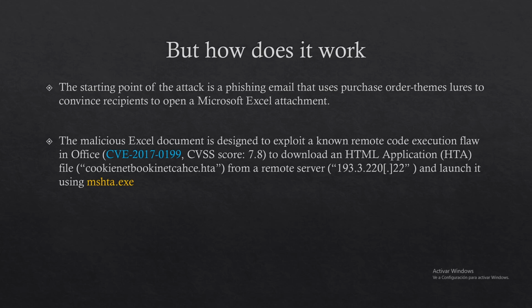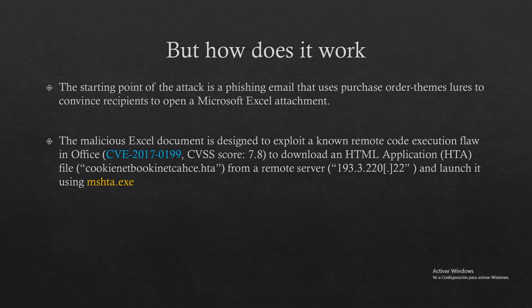But how does it work exactly? The starting point of the attack is a phishing email that uses purchase order theme lures to convince recipients to open a Microsoft Excel attachment.